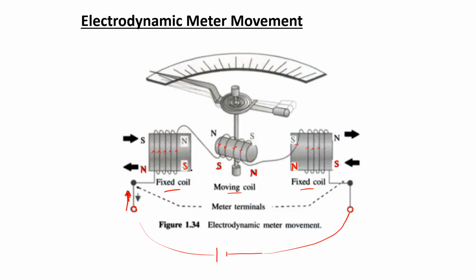So this south pole and south pole will oppose each other, this north pole and north pole will oppose each other. So there is supposed to be a movement in the moving coil.